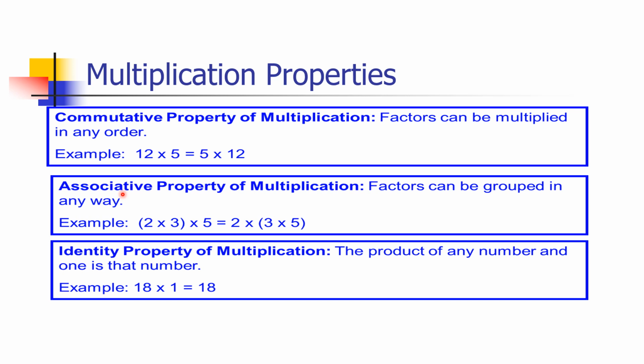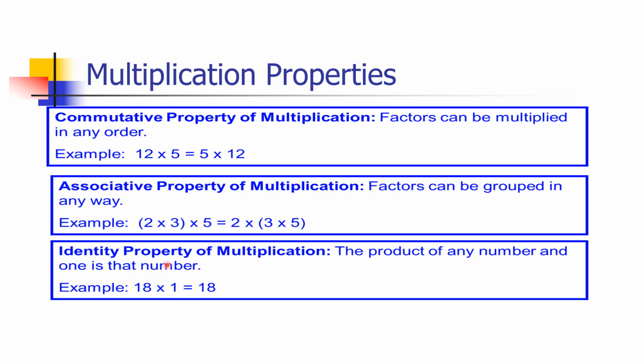Next, the associative property of multiplication: factors can be grouped in any way, like 2 times 3 times 5. We group 2 times 3 and then times 5, or we group 3 times 5 with the 2. The product is the same.